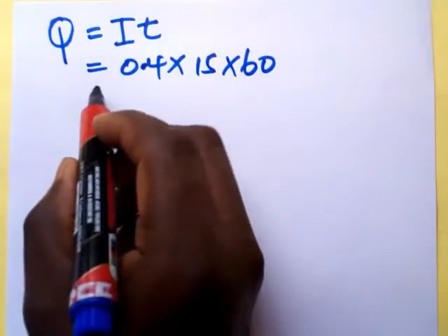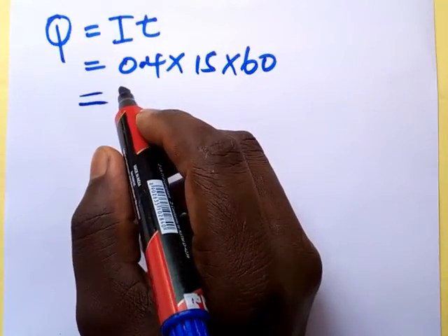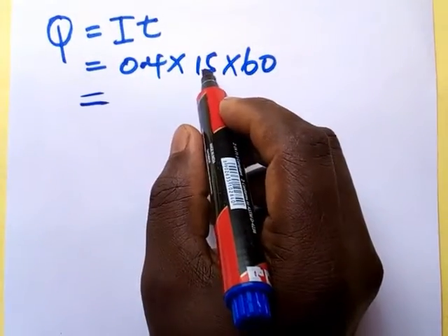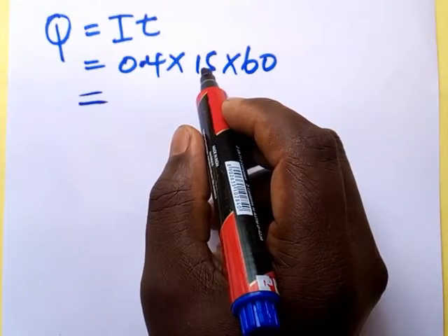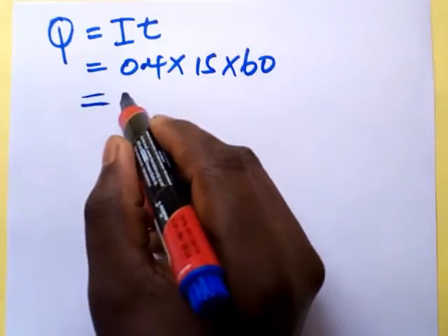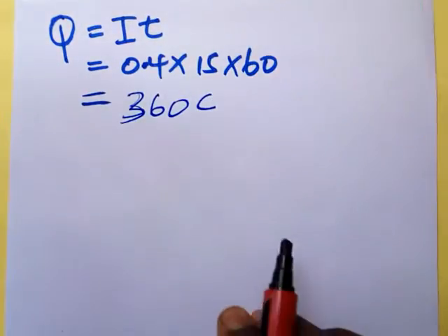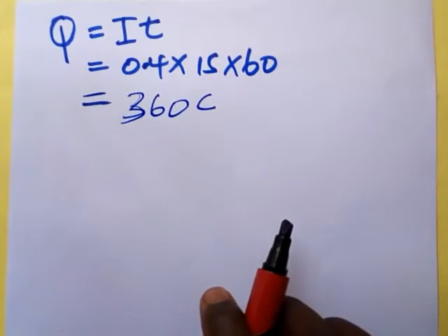This one will give us 6 times 15 times, so it is giving us 360 coulombs.